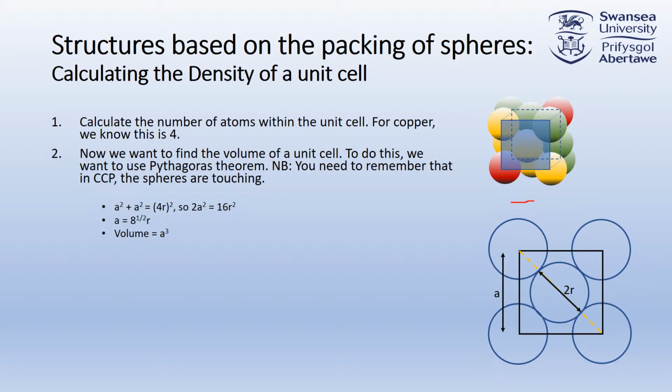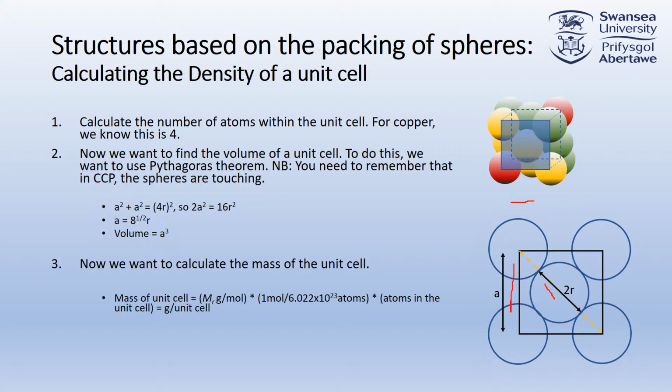So what we want to find out is our length a, and we can do that by drawing a right angle triangle, and we have length here, which is 4r, 4 times our radii. So a squared plus a squared equals 4r squared. So if we rearrange that, we have a equals the square root of 8 times r. Okay, so we've got volume.